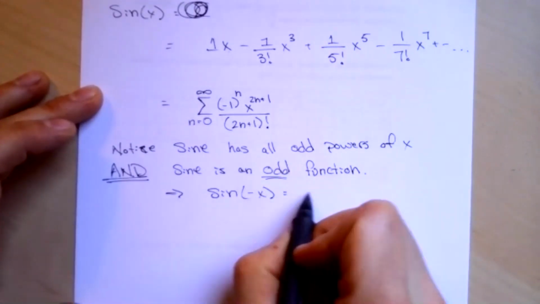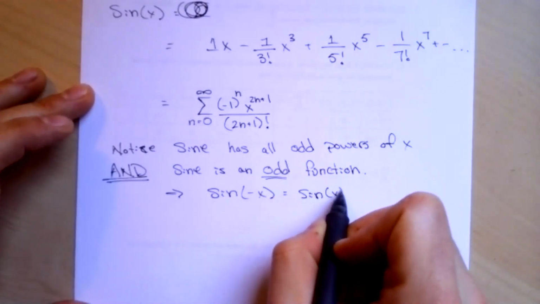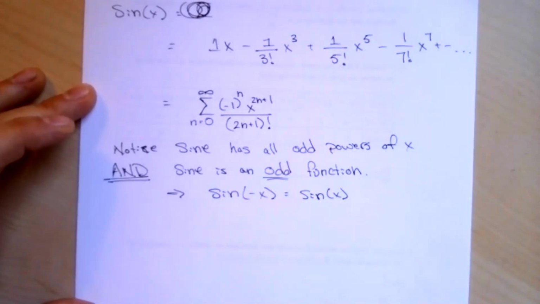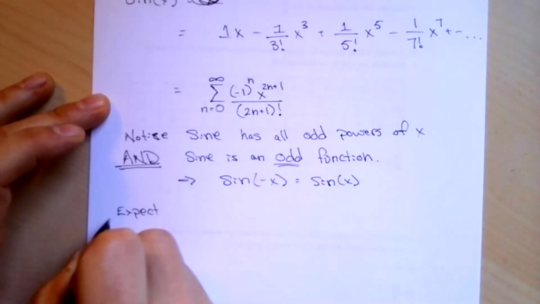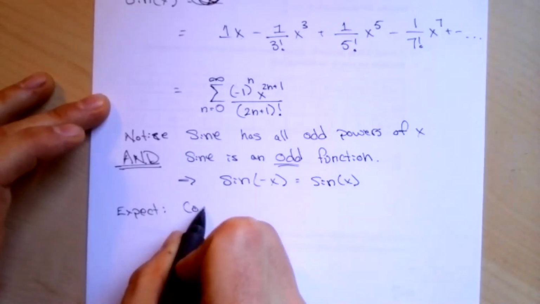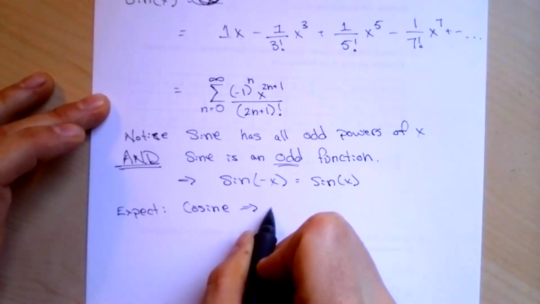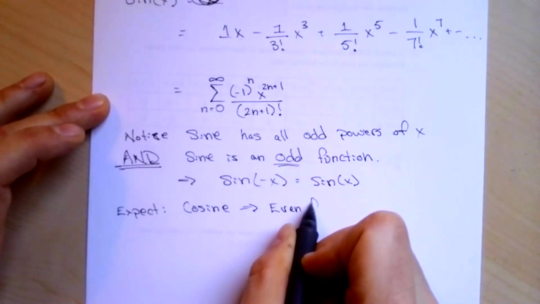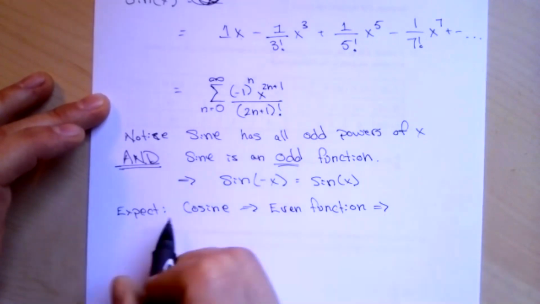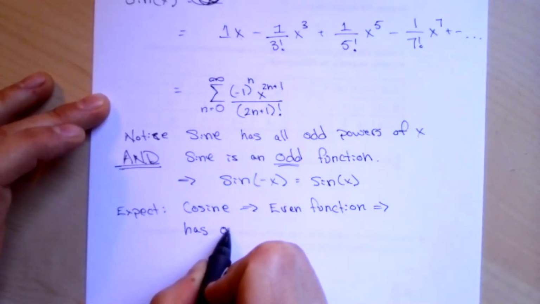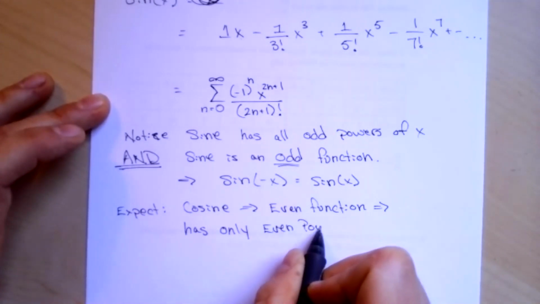It means it is flipped about the origin, or symmetric about the origin. So you can expect that cosine, which is an even function, has only even powers of x.